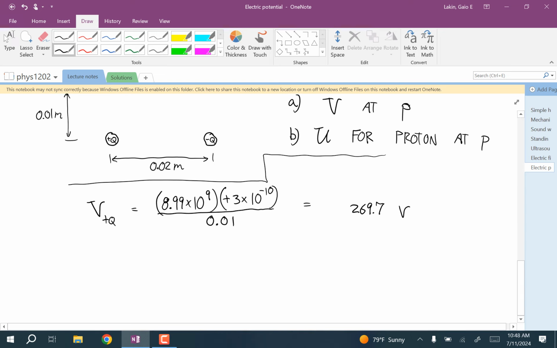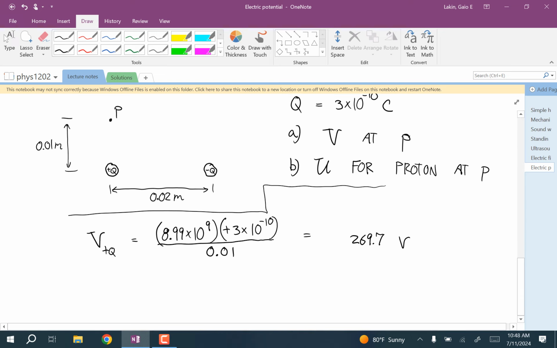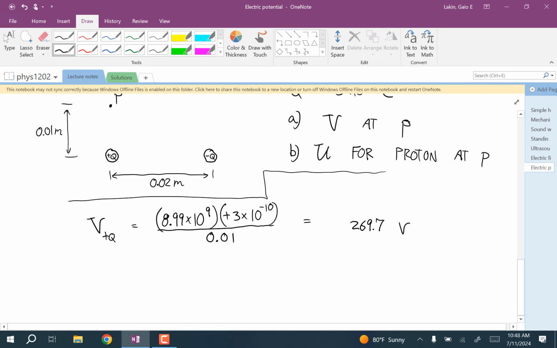Now we have to do it for the negative Q charge. So the electric potential due to the negative Q charge is 8.99 times 10 to the 9th times the charge here.